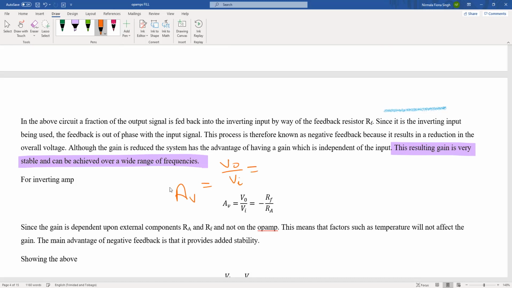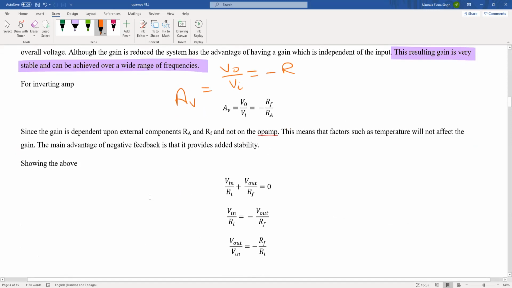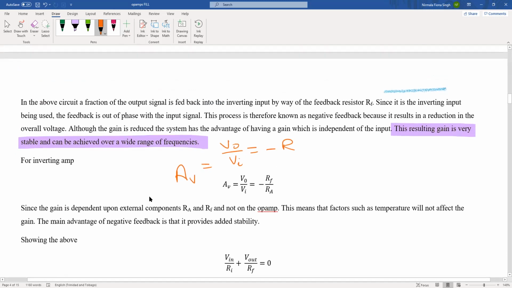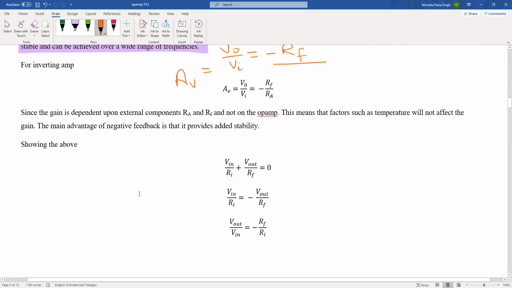And in here, it will be minus the feedback resistor over the input resistor, or your Ri. We're going to go through the math just now. I don't know why you use Ra here, it's supposed to be Ri.